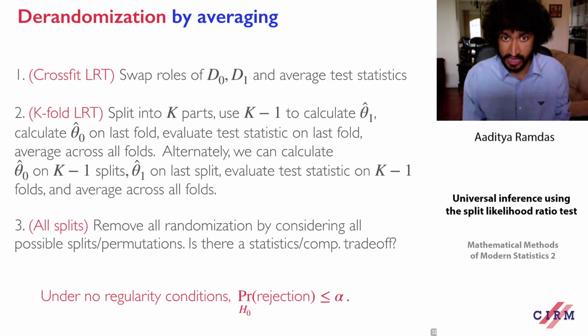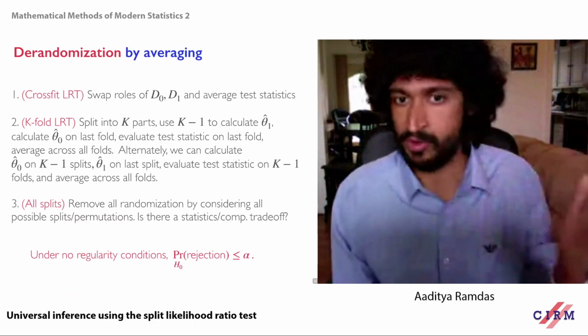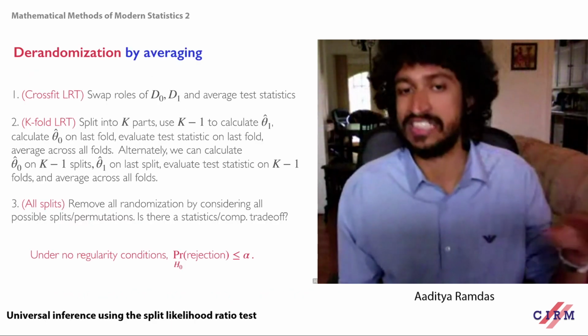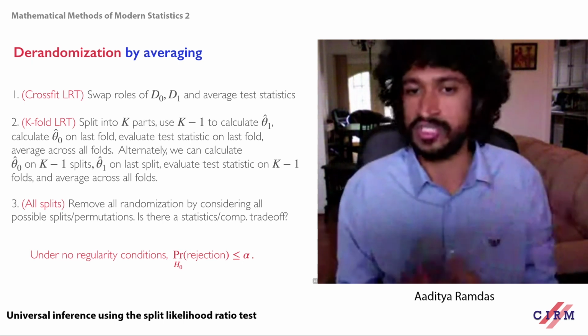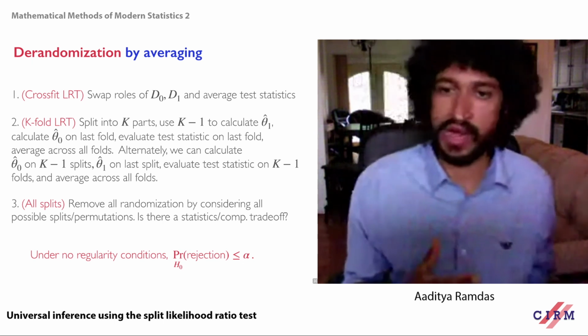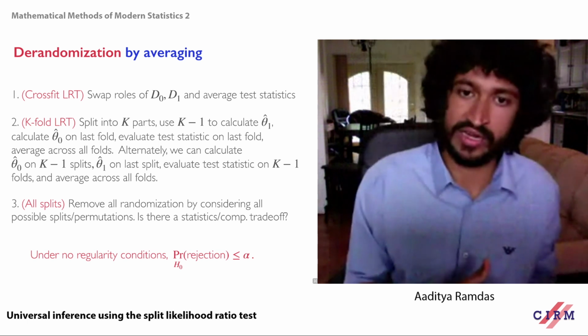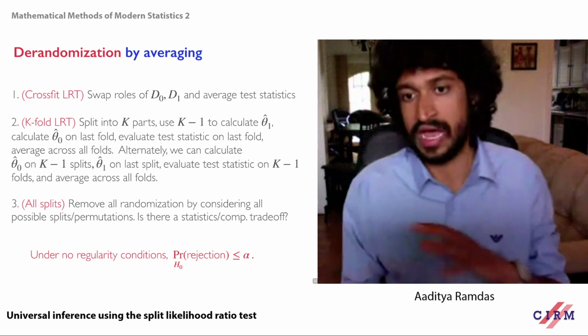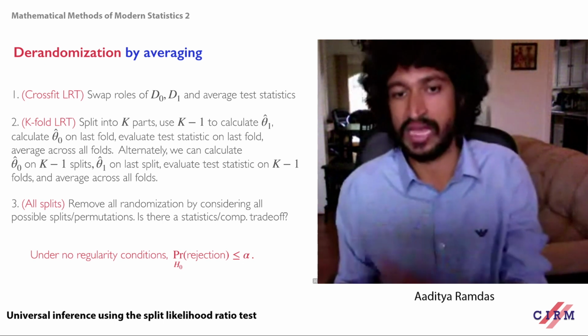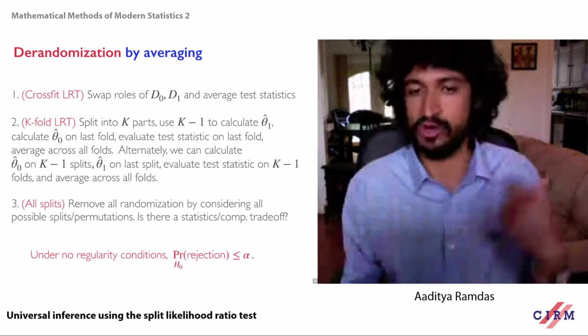Completely straightforward. And definitely we find that in practice, even just one swap improves performance a lot. So at the very least, I would apply the CrossFit LRT. But you can do a k-fold version of this where you split into k parts, use k-1 parts to calculate theta 1 hat, calculate theta hat 0 on the last fold, and evaluate the statistic on the last fold, and then average across all folds.